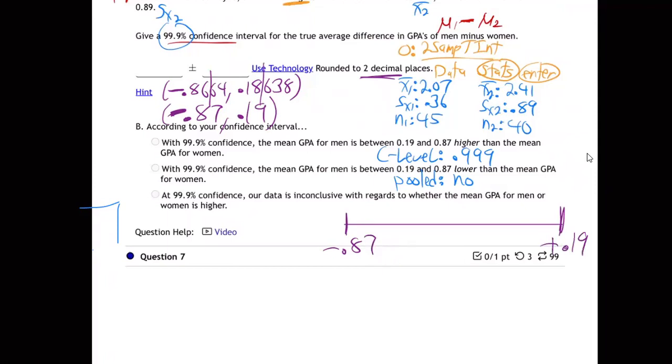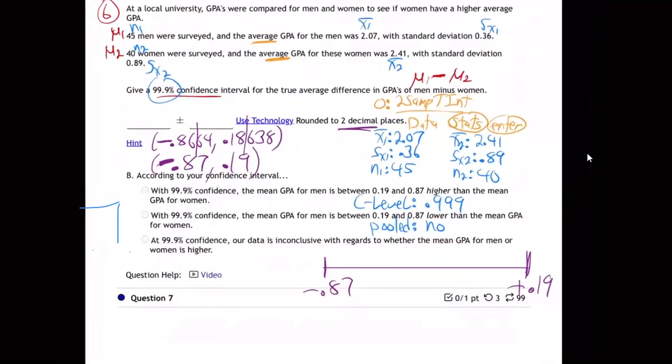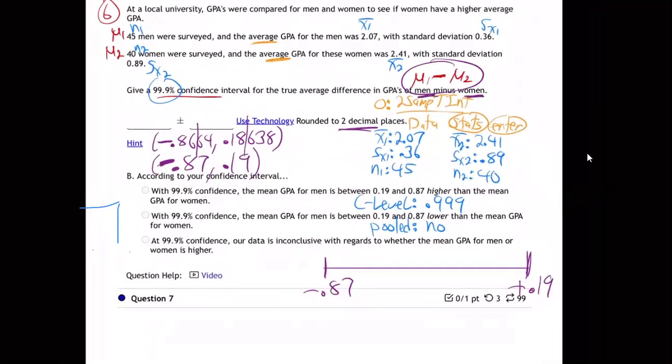We are 99.9% confident that the difference between the men and the women, taking mu1 minus mu2, men minus women, that the difference between the men's average and the women's average is somewhere between negative 0.87 and positive 0.19. We mean the true difference, right?